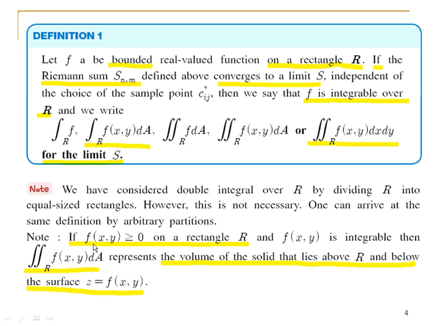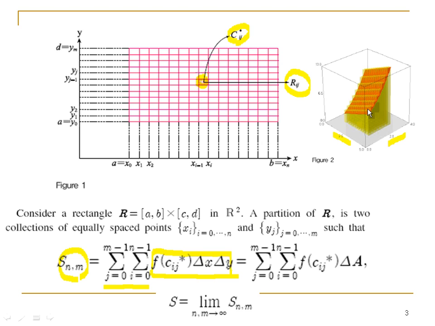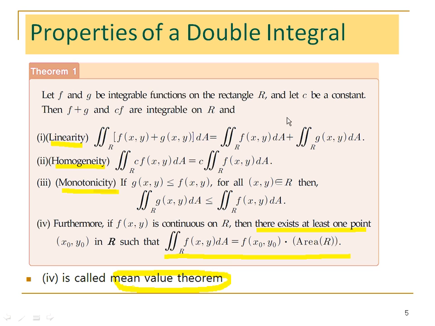If f of x, y is non-negative on a rectangle R, then this double integral represents the volume of the solid that lies above R and below the surface g equals f of x, y, which means this volume.